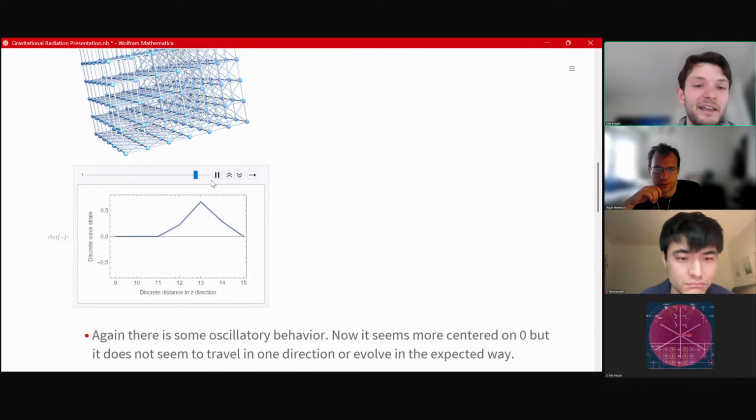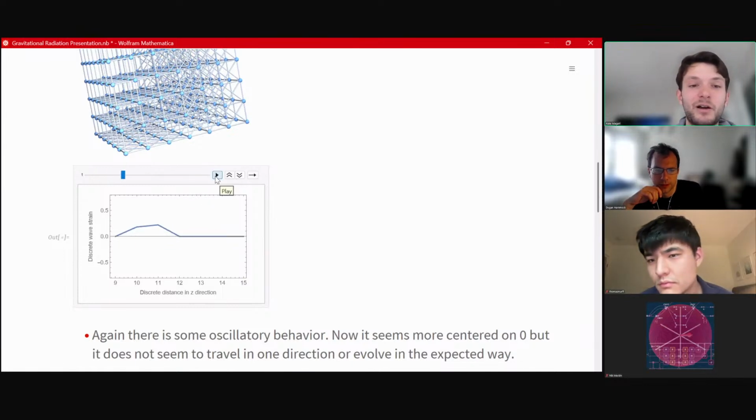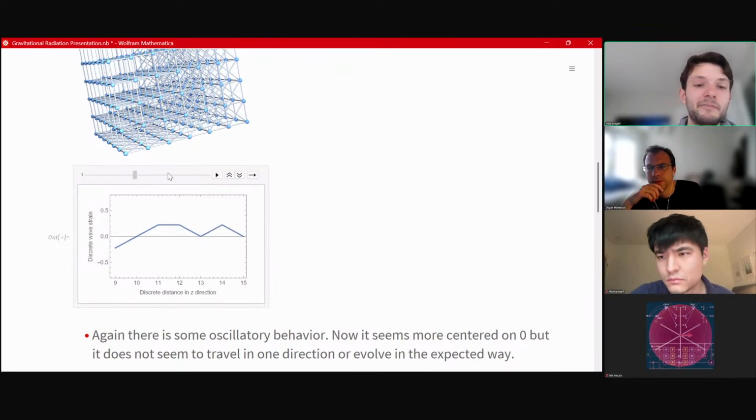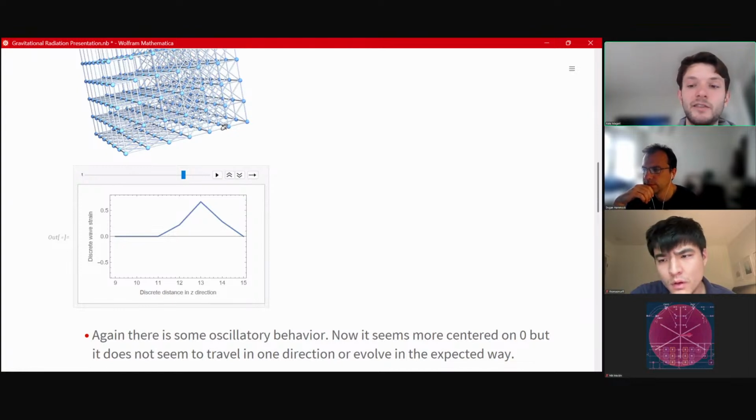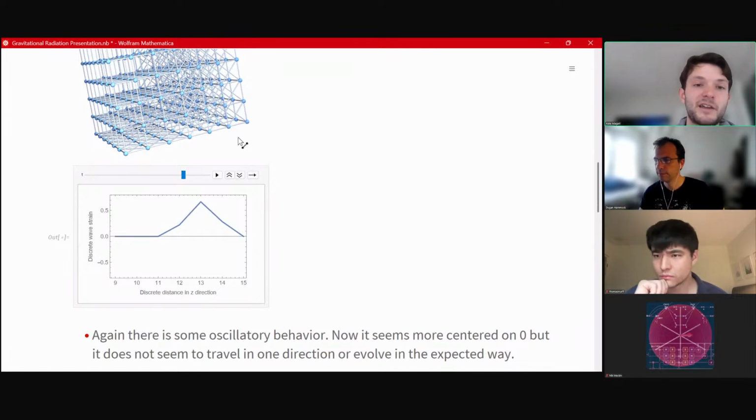But again, there wasn't really a promising result here. And we do get this kind of freeze out where I guess the strain just builds up. And because of the boundary conditions that I have on the graph, there isn't really anywhere for the gravitational energy to go. And so I suspect that it just piles up on one side of the graph.